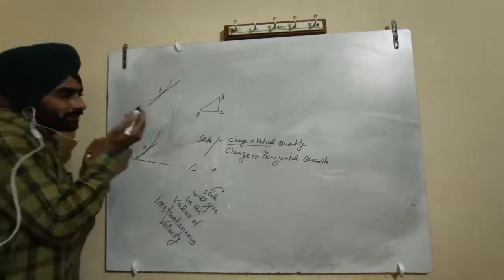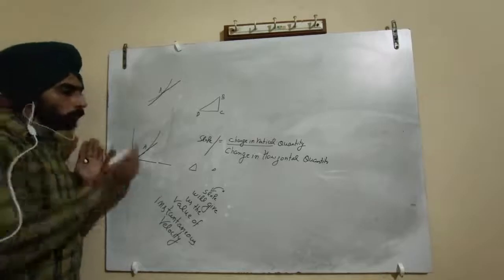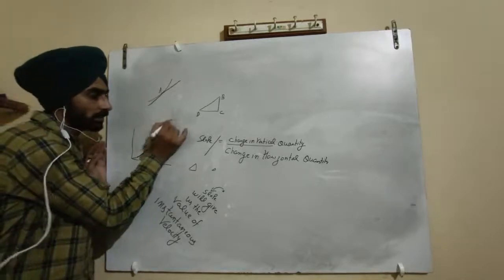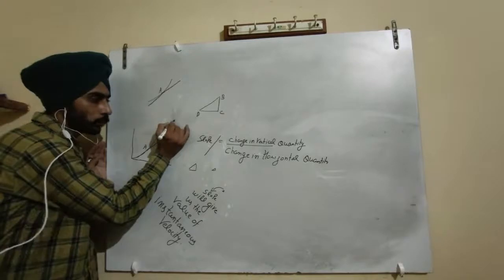So you should not think that the tangent is a bigger line. No, at a point this slope, that means slope, what is this?